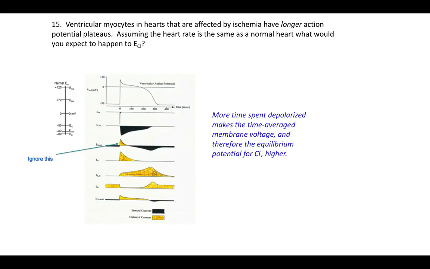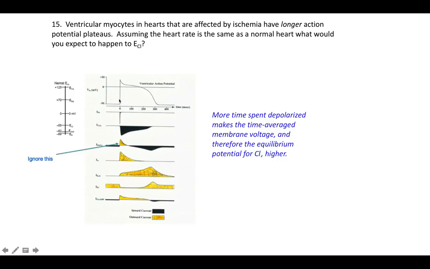Ventricular myocytes and hearts that are affected by ischemia have longer action potential plateaus. Assuming that the heart rate is the same as a normal heart, what would happen to ECL? Well, I said that your ECL is minus 55 because it's between the resting and basically the plateau phase here. You spend 2/3 of your time at rest, 1/3 in the plateau phase.